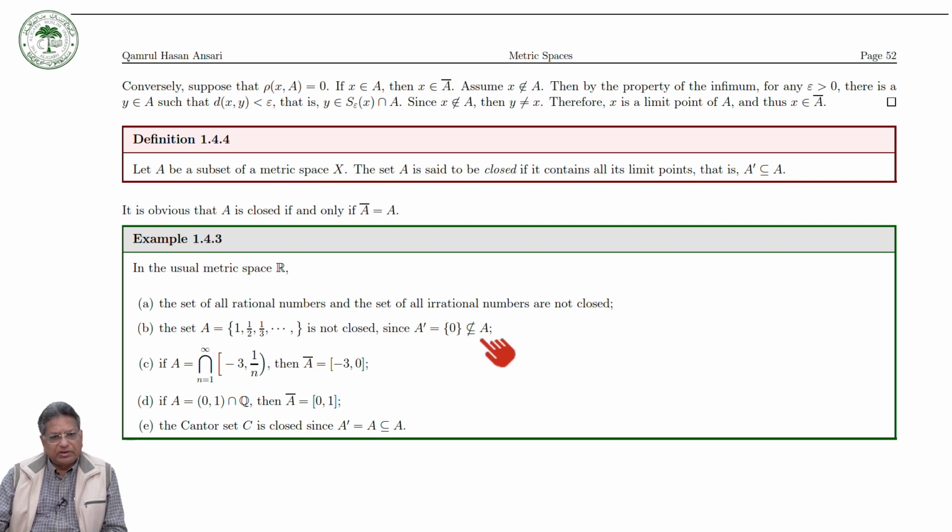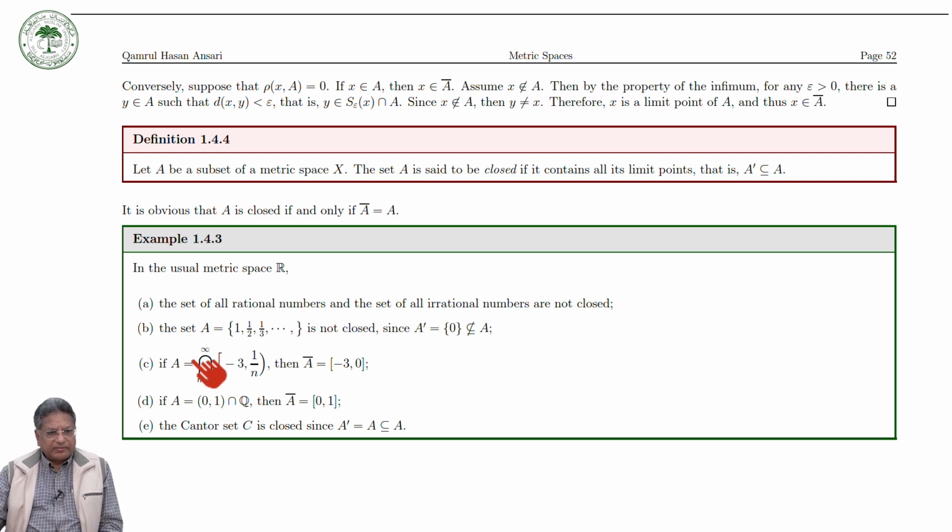But 0 is not in A. So A is not closed, because the derived set must be a subset of A for the set to be closed. Here the derived set is not a subset of A, so this set is not closed.